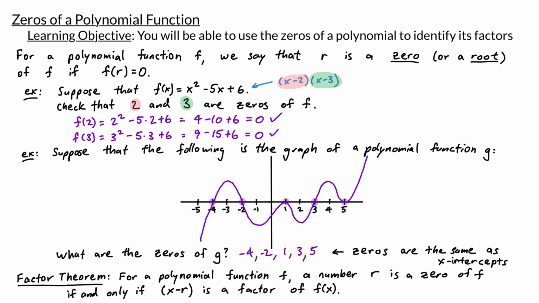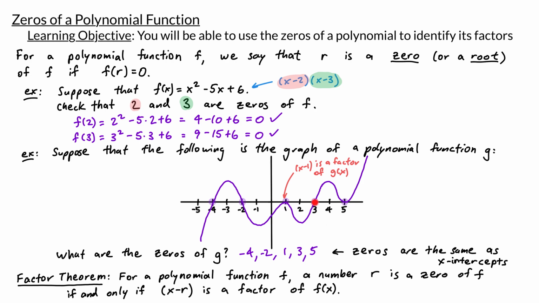In our second example, we're given the graph of the polynomial function g, but we're not given the formula for g of x. Knowing the zeros of g will give us an idea of what g of x looks like. For example, we see that 1 is one of the zeros of g, which tells us that x minus 1 is one of the factors of g of x.